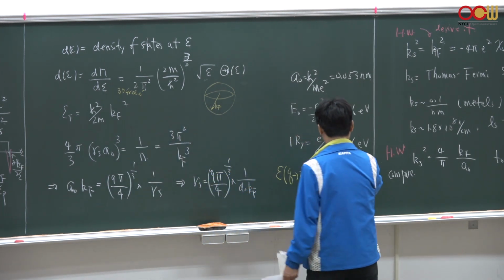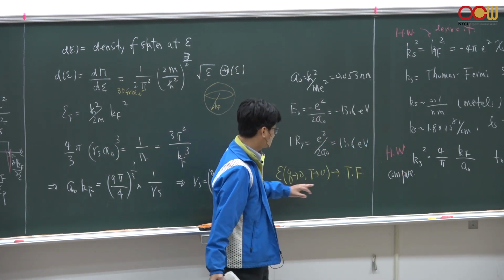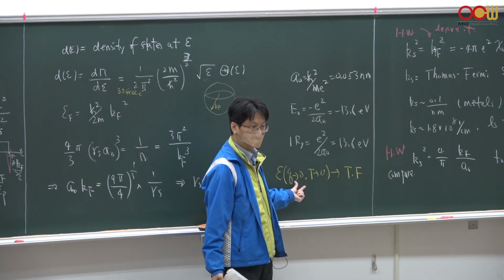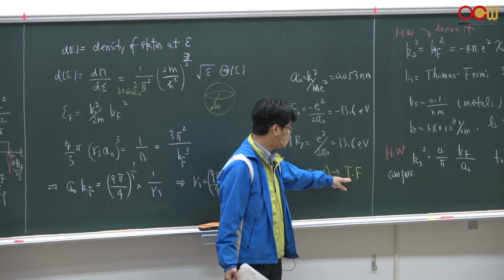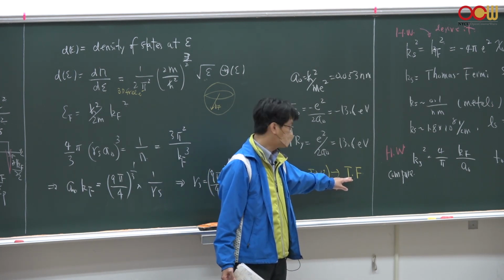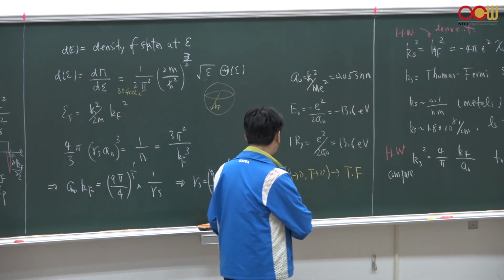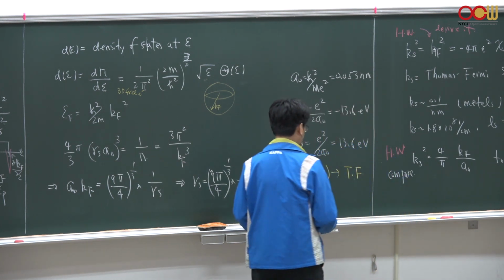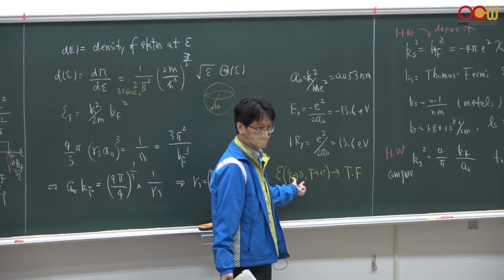So yes, we can reproduce this Thomas Fermi result in this limit, zero temperature, q equals 0. And of course, we could use the semi-classical way or Thomas Fermi approximation to get the Thomas Fermi results. However, the semi-classical results can only study this limit.